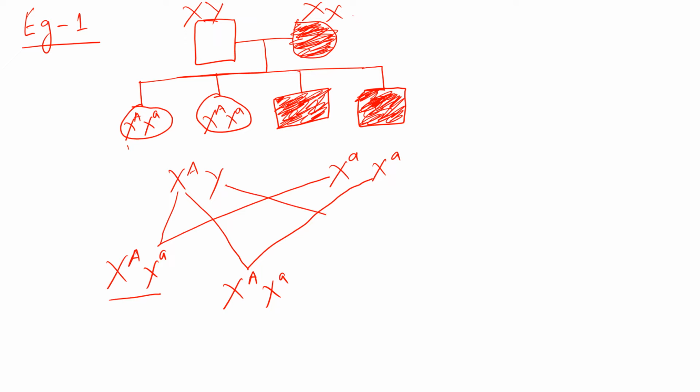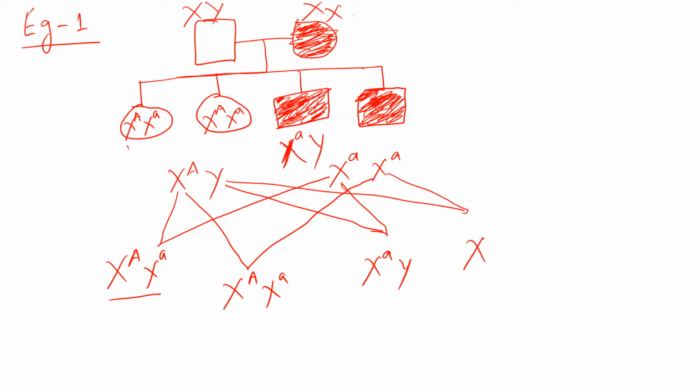And this Y will go with this X small a, so X small a and Y. Since this XY is a male and he has only one X chromosome, which has the recessive allele, that allele will express itself. So this son becomes affected, and again this Y will go with the other X. This also will be affected.